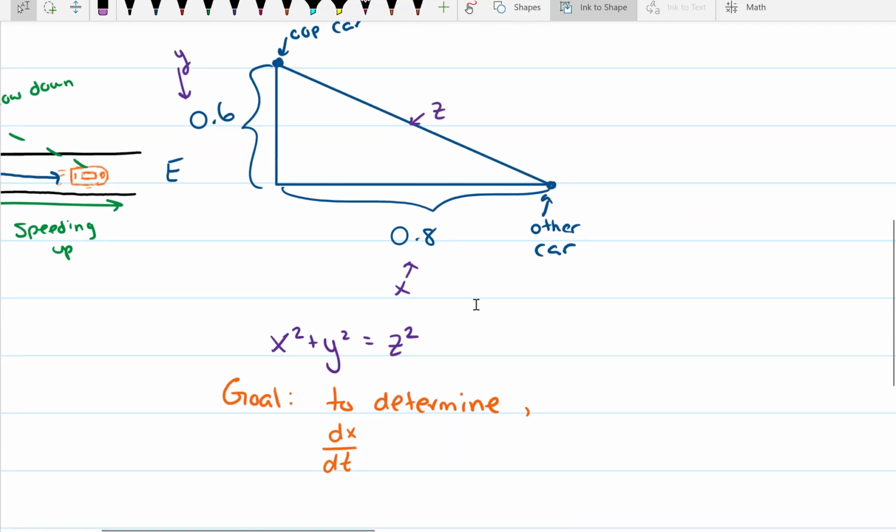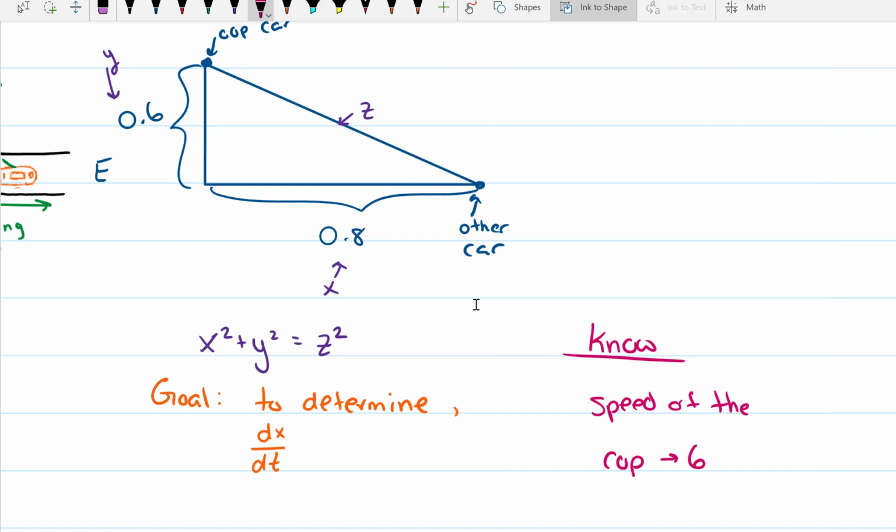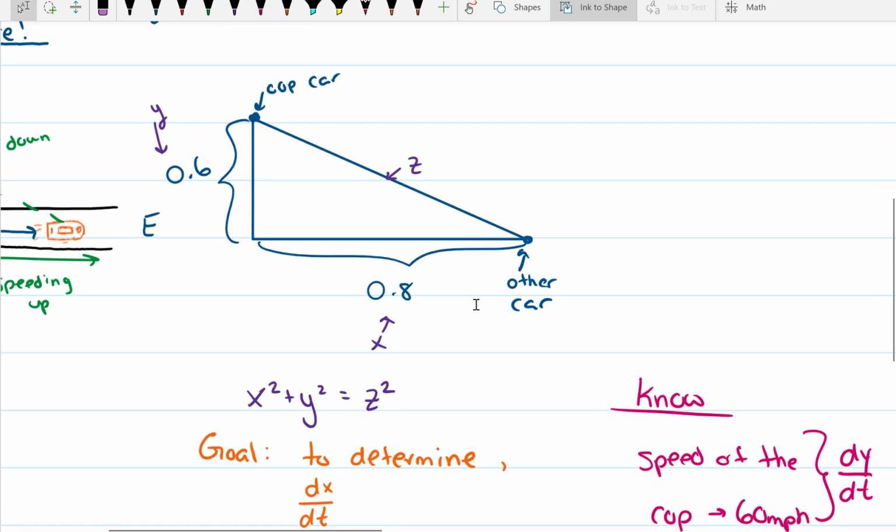So let's talk about what we know. Well, we know the speed of the cop, which is 60 miles per hour. This can be represented by dy dt, the change in the cop's distance, the y value, with time.